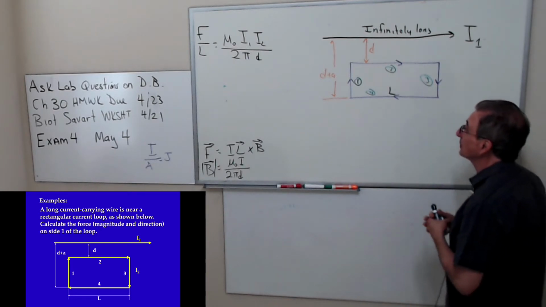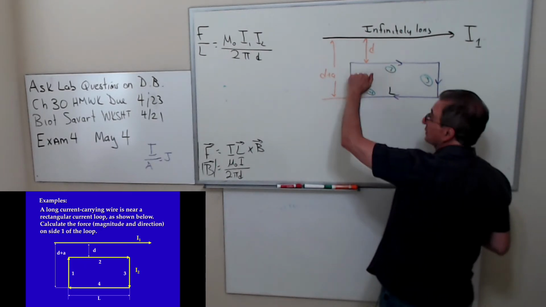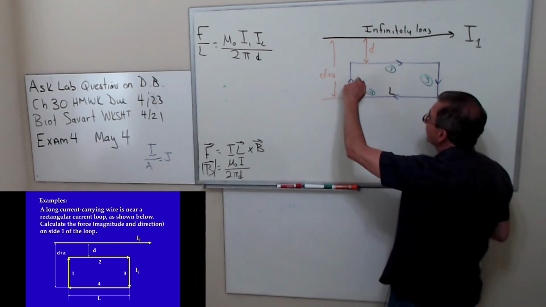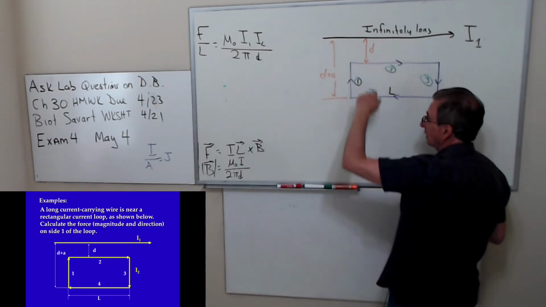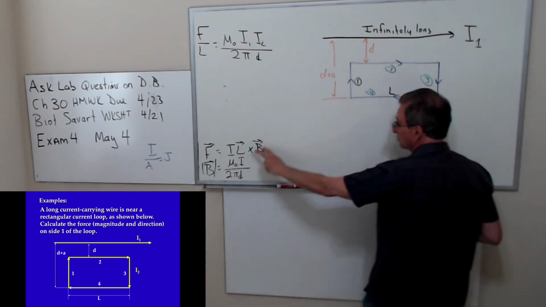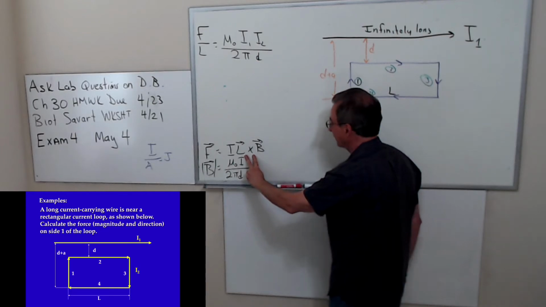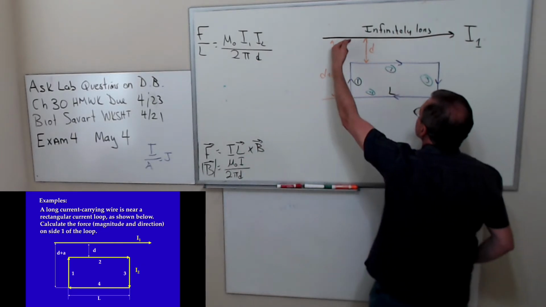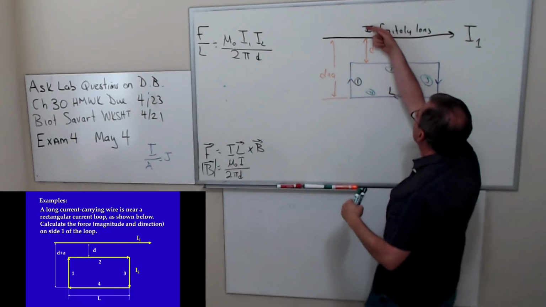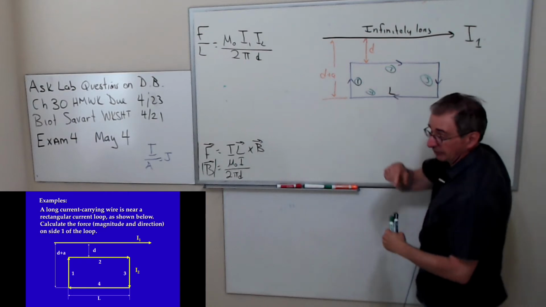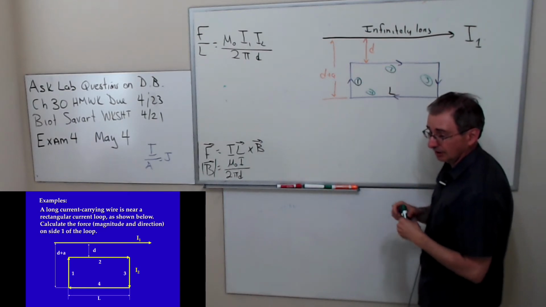Well, we got to be careful because even though the cross product, if they're perpendicular, is maximized, right? But the magnetic field, use the right-hand rule, actually goes into the plane of the board, right?